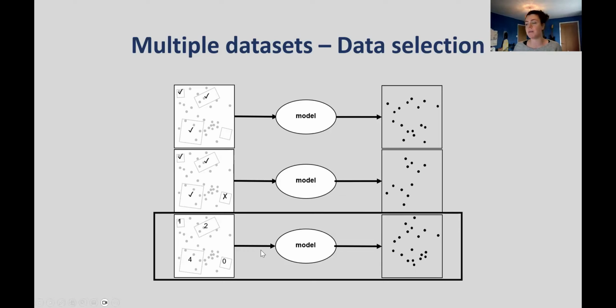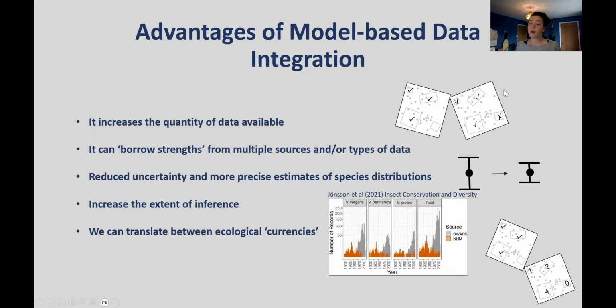And then all of these observation models then inform the same ecological state model that is going to explain the actual presence absence of a species or the abundance of a species. And so we can derive one unified inference or one unified story from all of the available data sources that are out there. There are a lot of advantages of using this approach.